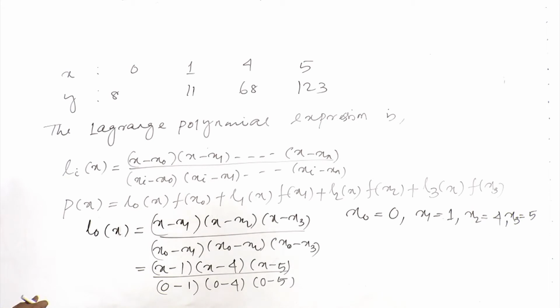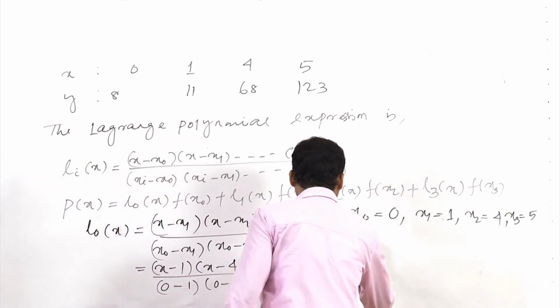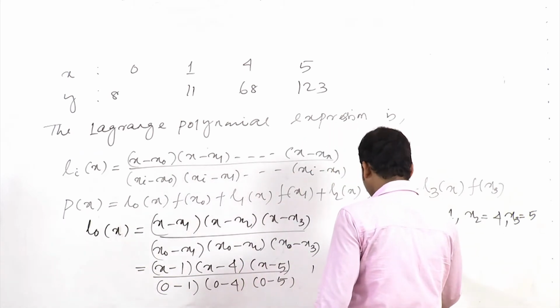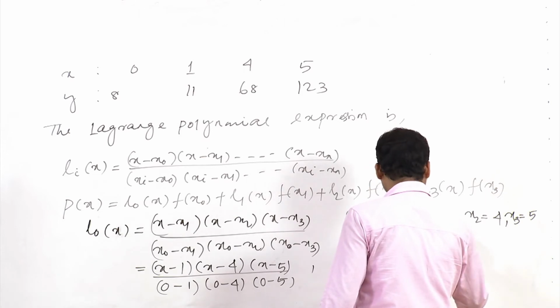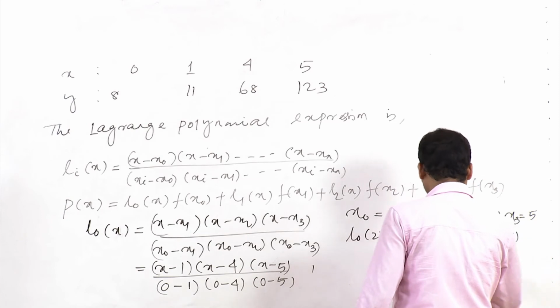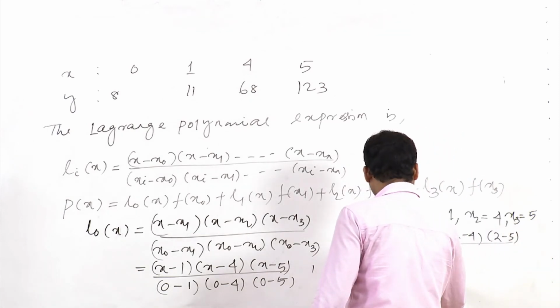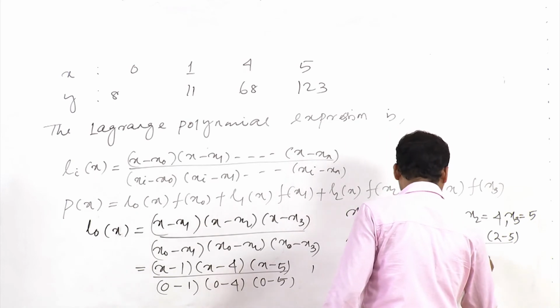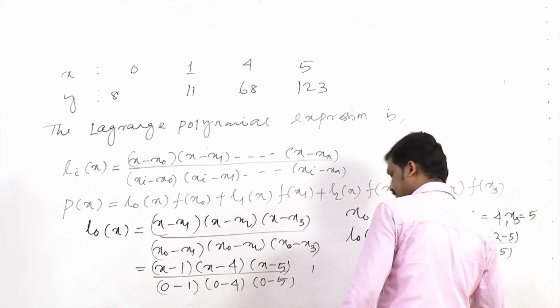So, if you replace here L0 of 2, we can write this as 2 minus 1, 2 minus 4, 2 minus 5 divided by 0 minus 1, that is minus 1, then minus 4, then minus 5 here.